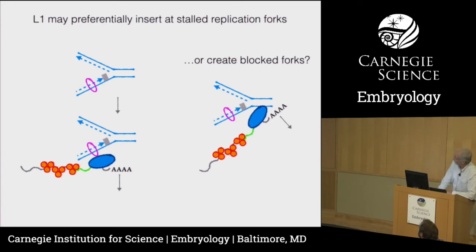And then the Fanconi anemia factors may act to restore the blocked fork and perhaps degrade the partial retrotransposon insertion. So this is something we're really looking into now.